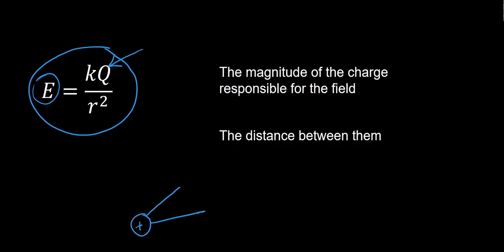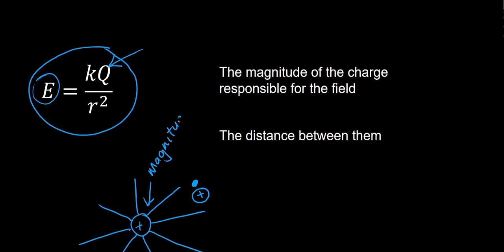Let's say we've got this positive charge, and we pop into it this little positive point charge. The strength at this point here is going to rely on the magnitude of this charge. So there it is. The magnitude of the charge is responsible for the field.